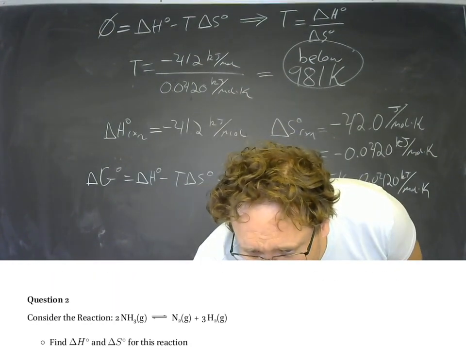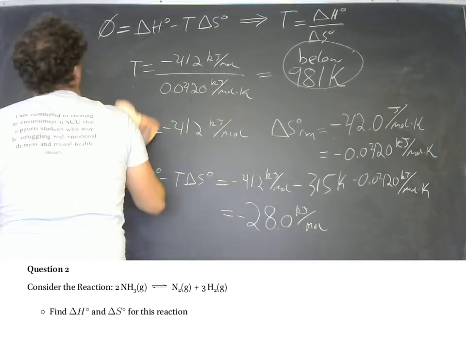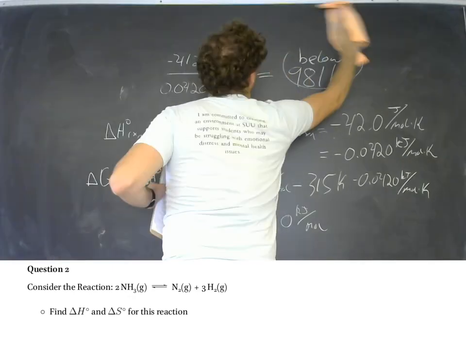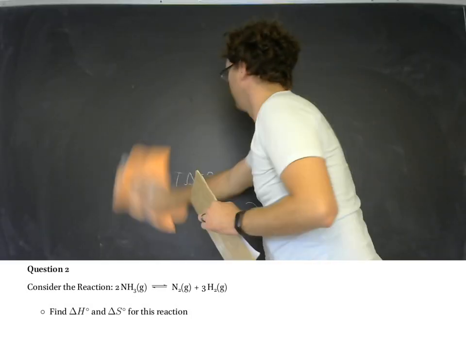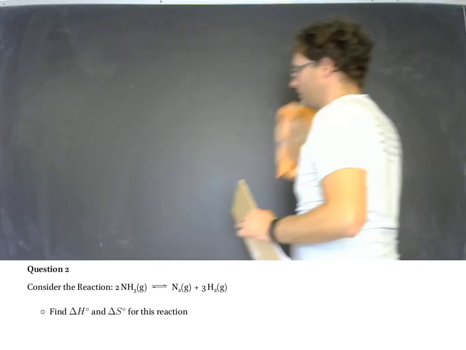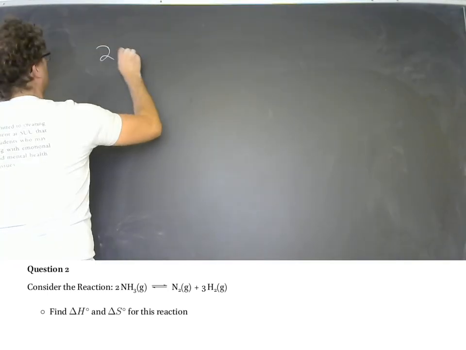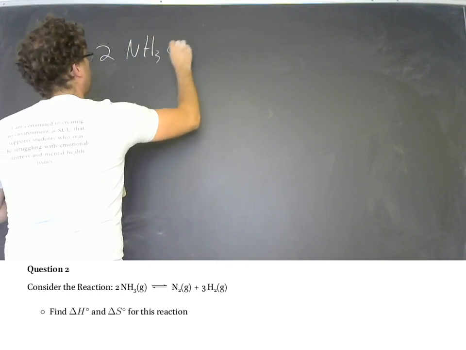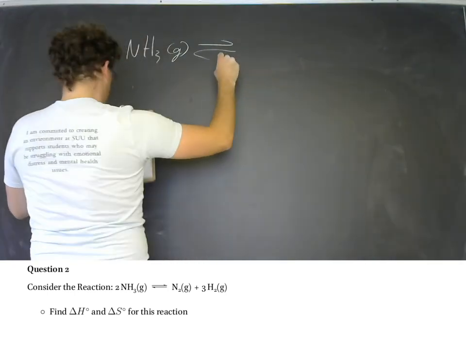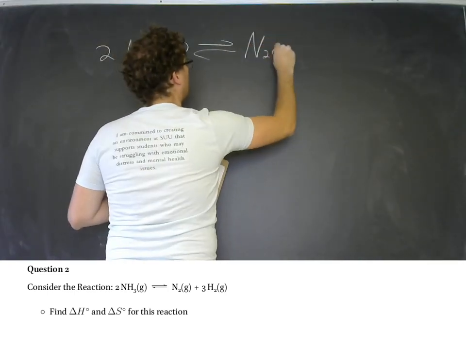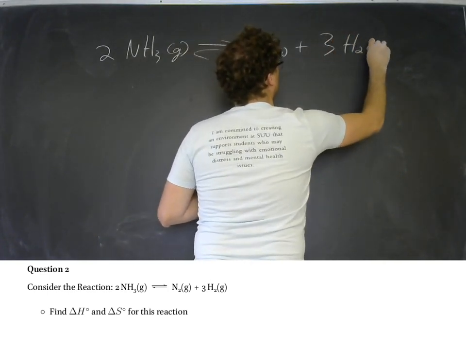Okay, and now we'll just do the same thing with a different reaction. So we have 2 NH3 gas in equilibrium with N2 gas plus 3H2 gas.